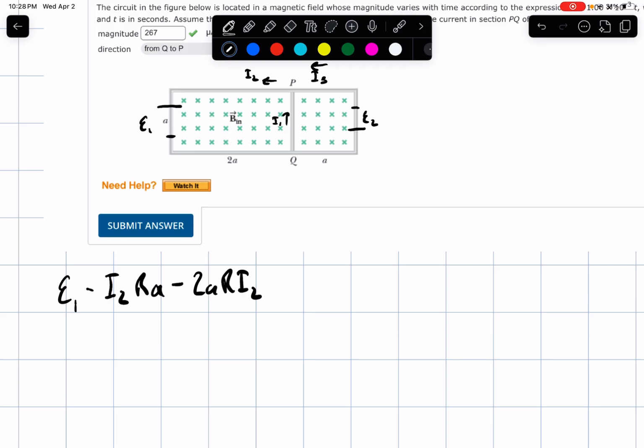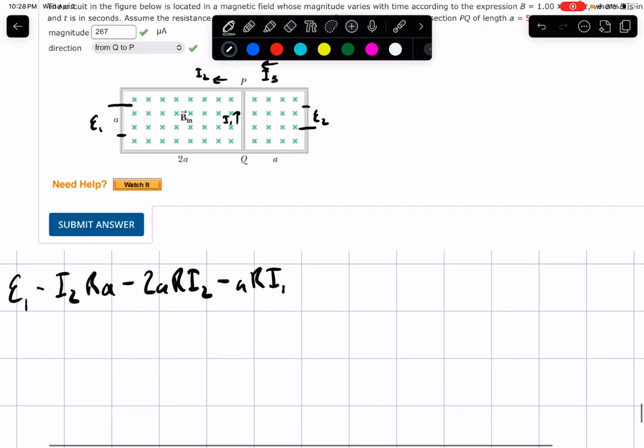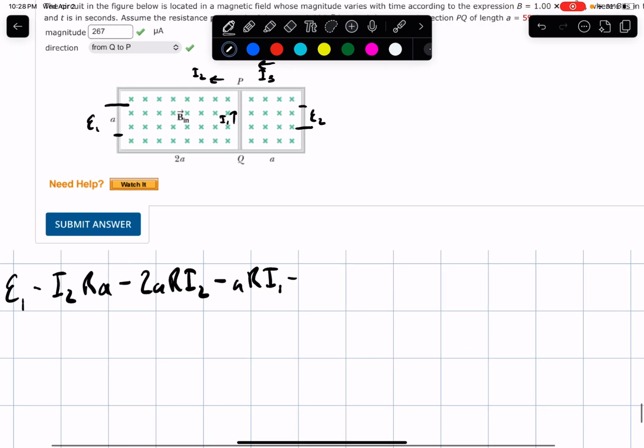So it'll be 2a R I2, with 2a R being the resistance and I2 being the current. And then along the right side, it's length a again, so it would be aR, and your current here would be I1. And finally, along the top, that's 2a again, and I2, so 2aR I2.